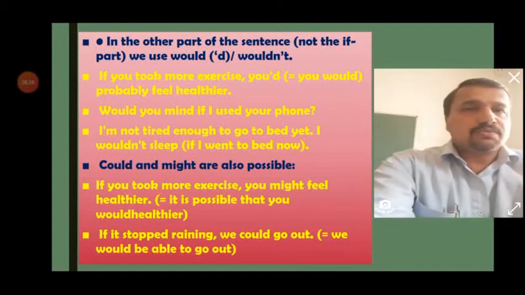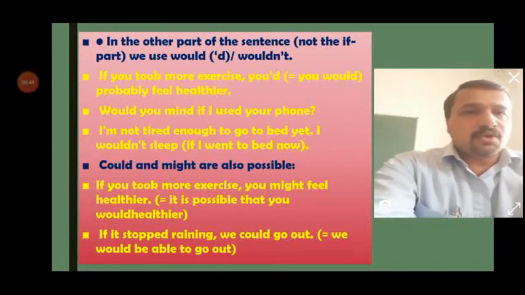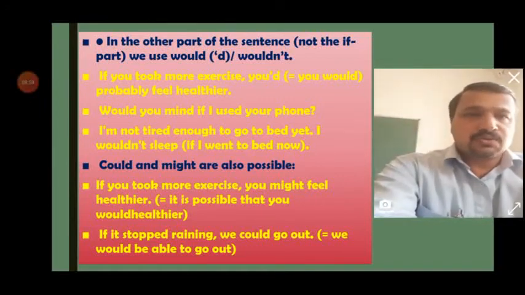If you took more exercise, you might feel healthier. That is, it is possible that you would be healthier. So instead of would, we can add could also. Then, if it stopped raining, we could go out. That means we would be able to go out, or we would go out. We would go out shows the intention.